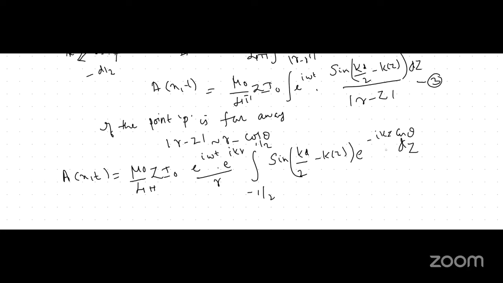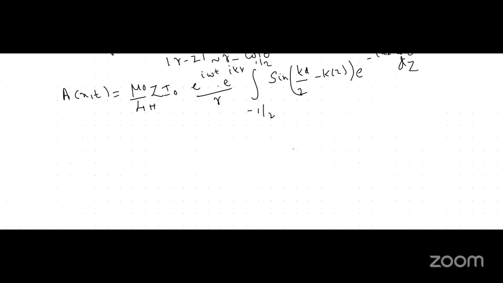So this one, if you do the integration and substitute, you'll get it as mu naught by 4 pi, it is constant, and the I naught as is will be there, e to the power of i omega t. So this is final.